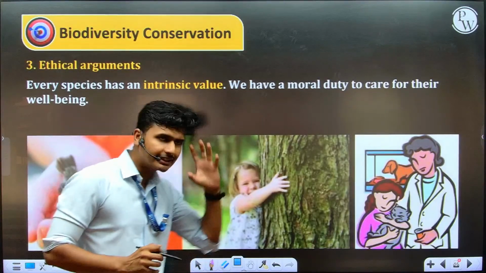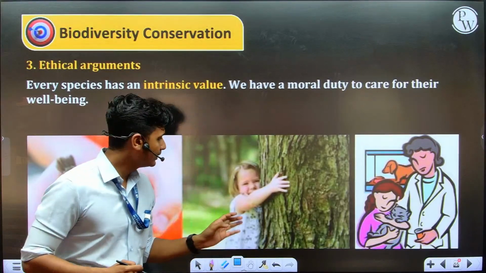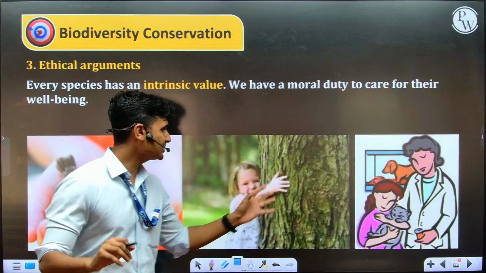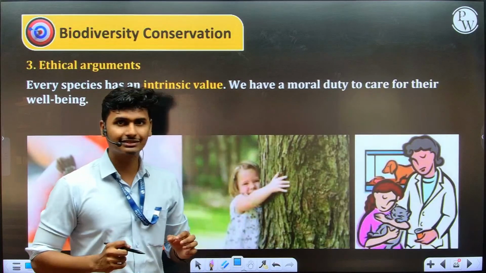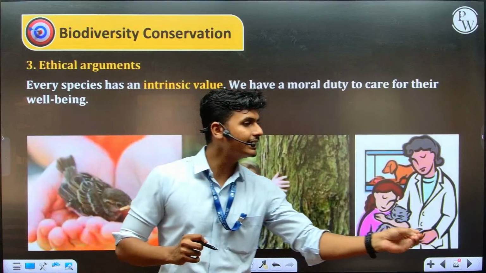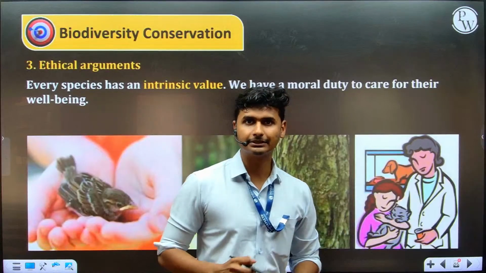Is she thinking about the medicinal value of the plant? Does she know about pure oxygen and global warming? No. Is she thinking about the aesthetic beauty? No. Because this plant is just present outside her home, she feels connected with this plant.